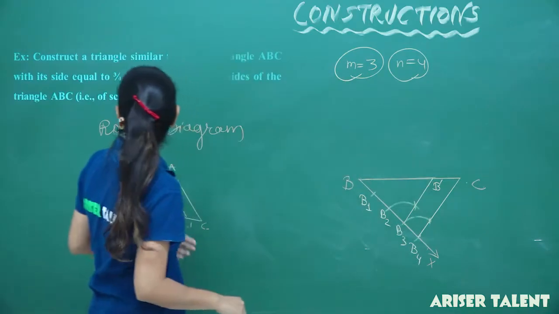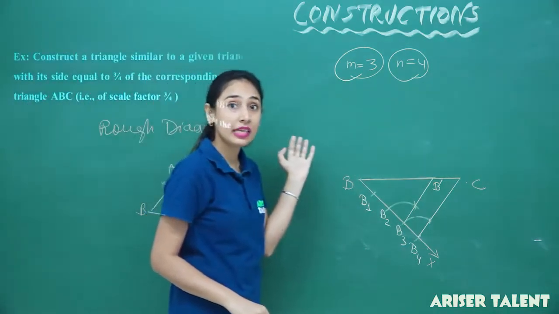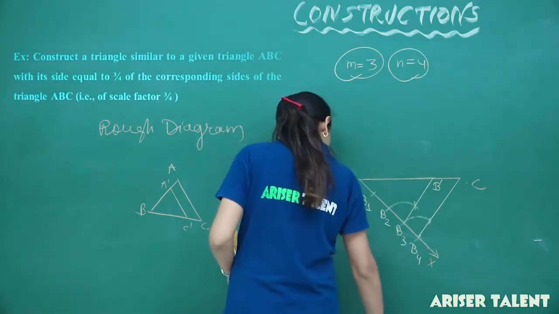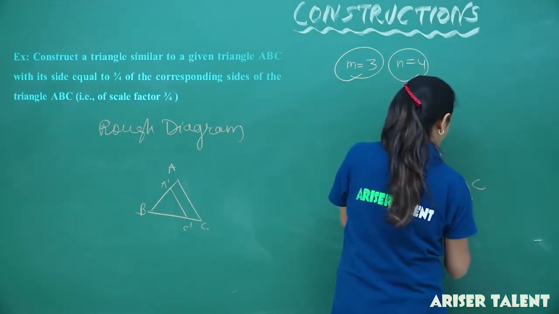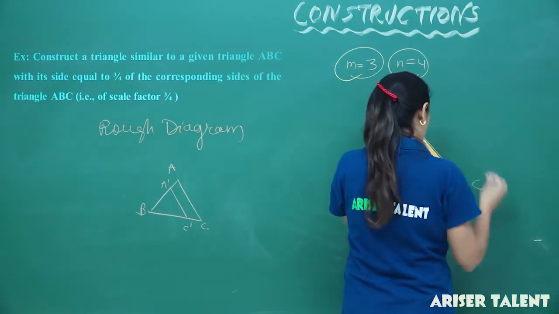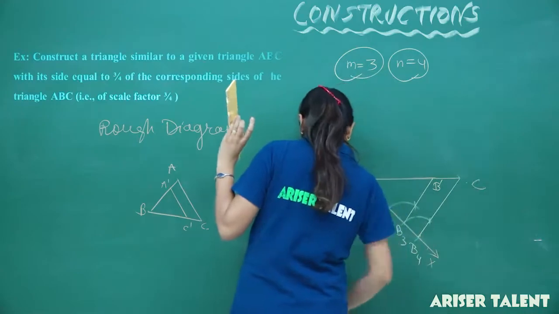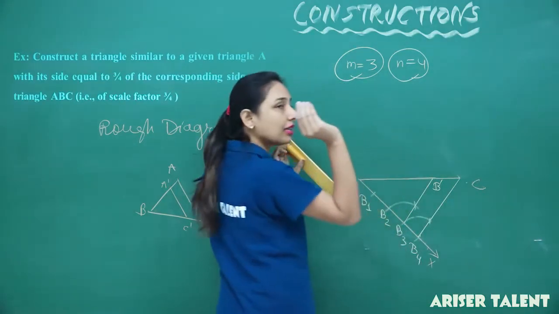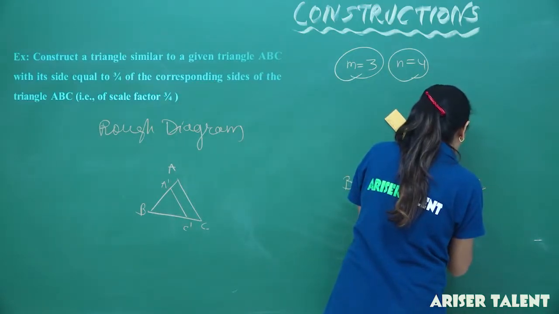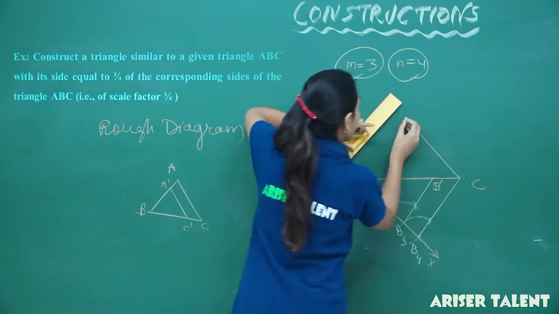Now I am having a triangle ABC, and it can be any triangle ABC. Any means any triangle, so I can just make any angle here. Can I use this brown color chalk for the given triangle?